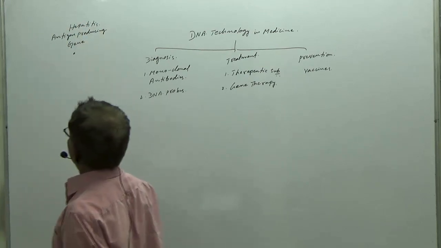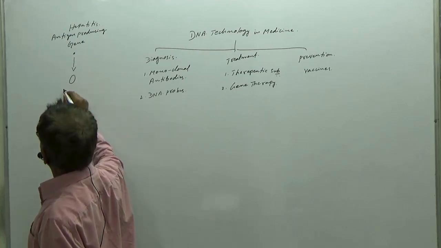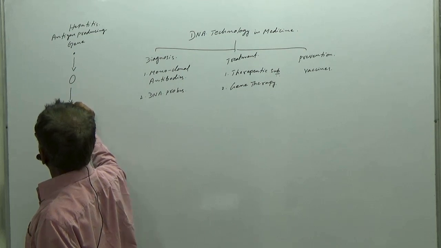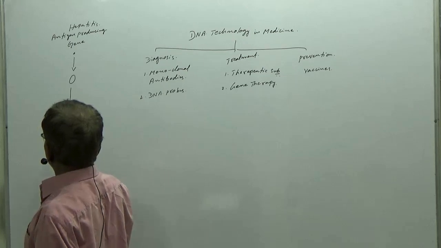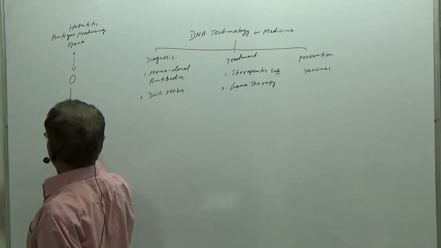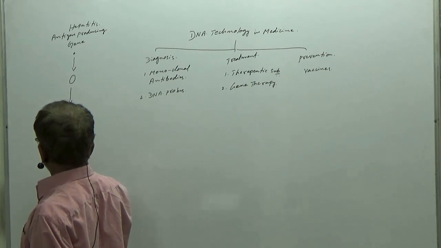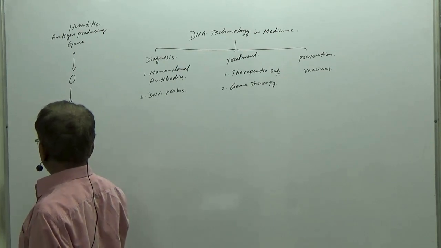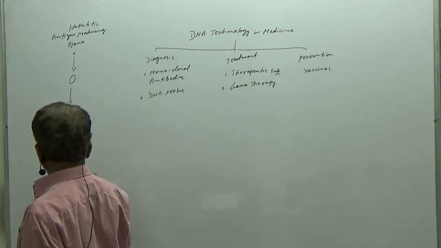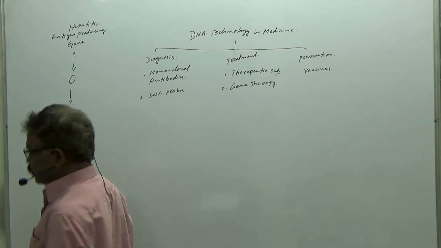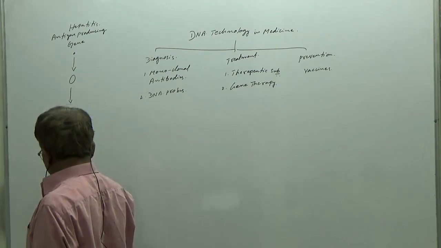After extracting that, they select one vector. Then after selecting the vector, they insert the gene into the vector, which leads to formation of rDNA. Then they insert this rDNA into a microorganism, E. coli, that is a genetically modified organism. Then in tissue culture development, they produce an abundant number of antigens.